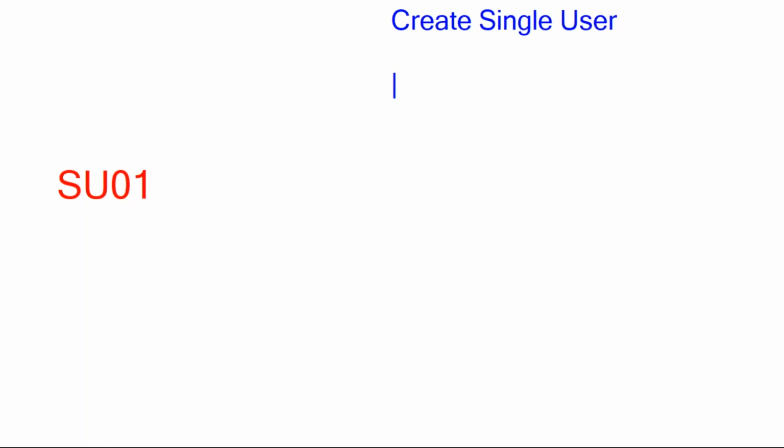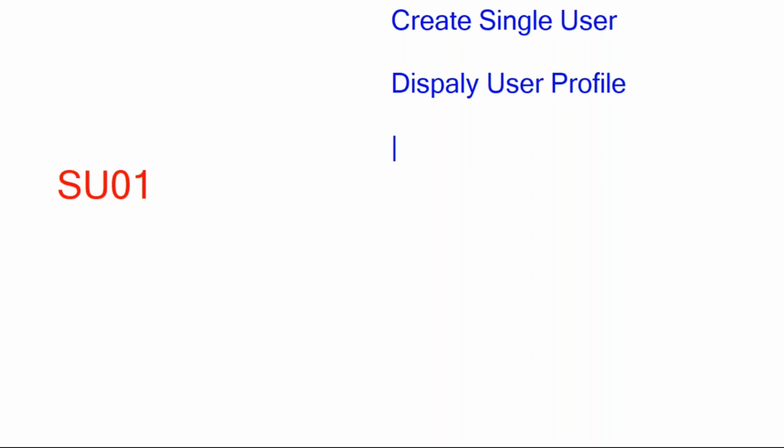If you take SU01, only one single T code. By using SU01 we can create a single user. With the same T code, we can display the user profile.